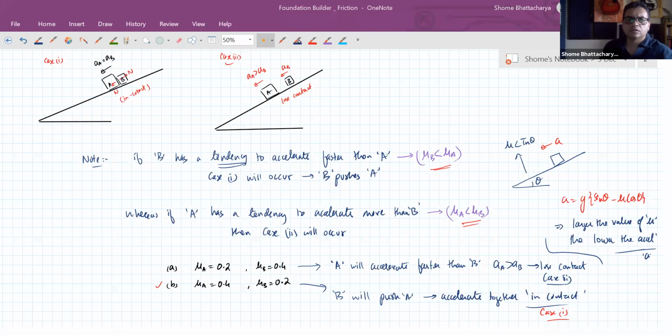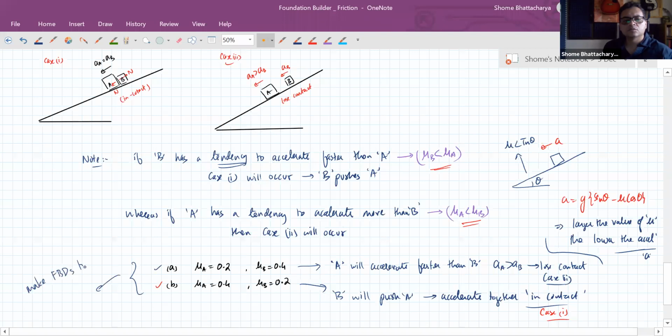Okay. So now that you've understood which cases are happening, next make the free body diagrams for each of these parts, for part A and part B, to calculate the accelerations and contact force. For that you need the masses also.